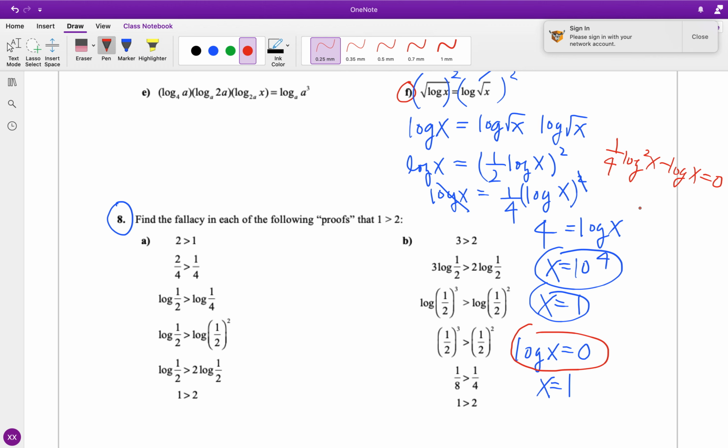So then you factor out a log x here, and then you get log x times 1 over 4 log x subtract 1 equals 0. So you see here, you get either log x equals 0 or log x equals 4. Because you did not divide, this solution remains.